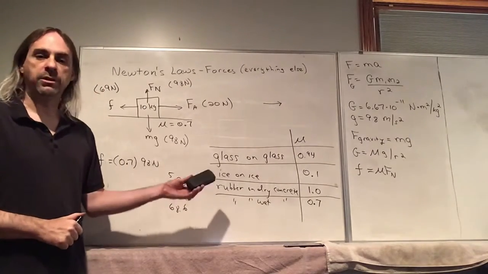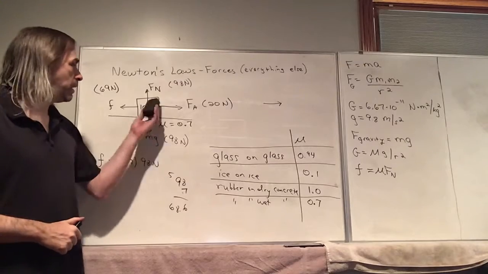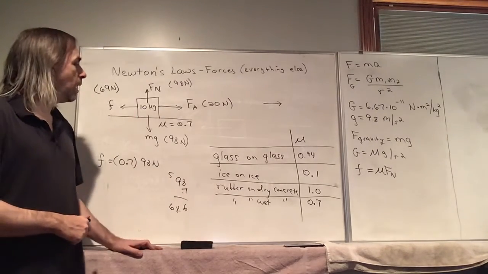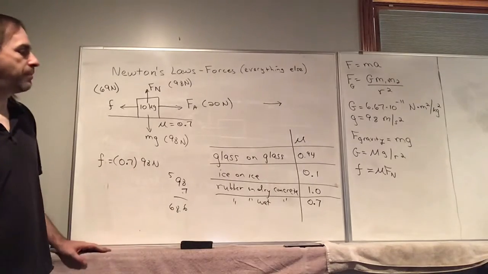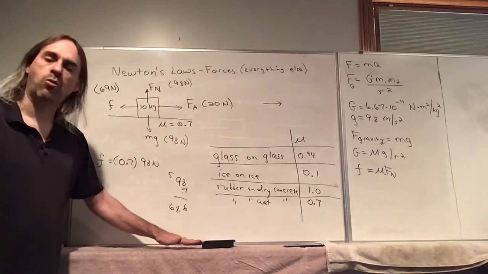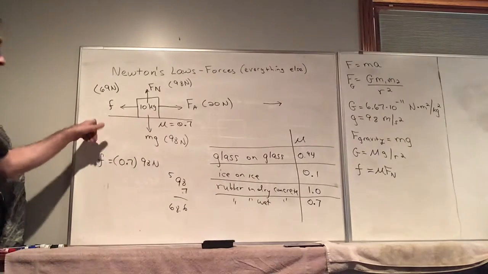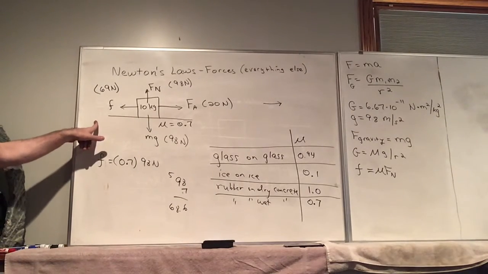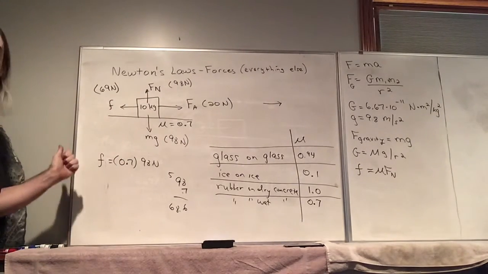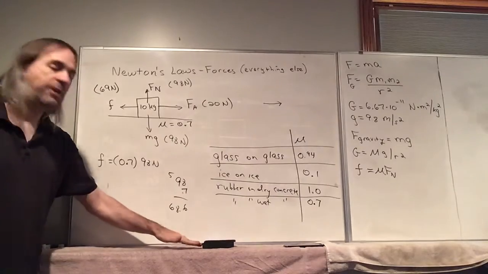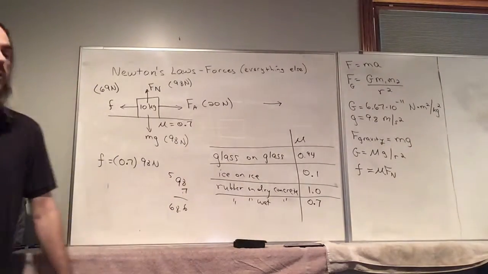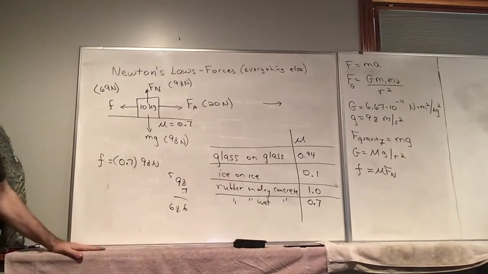Let's imagine that this eraser is 10 kilograms, which would be kind of ridiculous. I think that's like 22 pounds or something. But let's say I apply a force. I push it to the right. Now, if we look at this picture, it looks like the net force is going to be 49 newtons to the left. So if I push this, I should expect it to accelerate to the left. It's not doing that. And of course, we wouldn't expect that in reality.